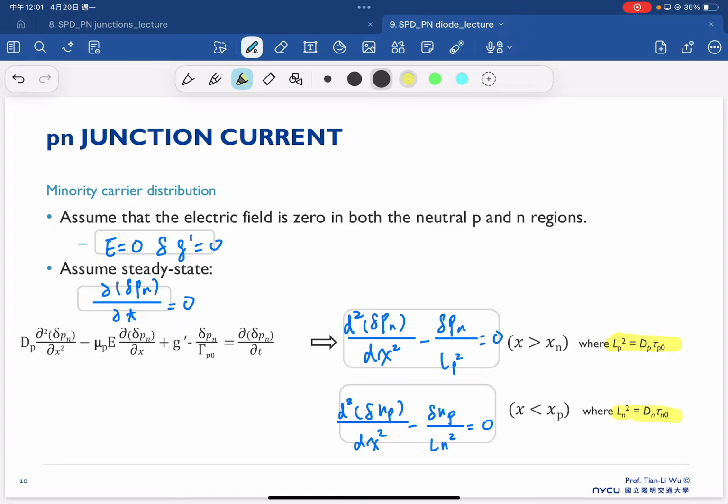So this is already the equation we have been shown.